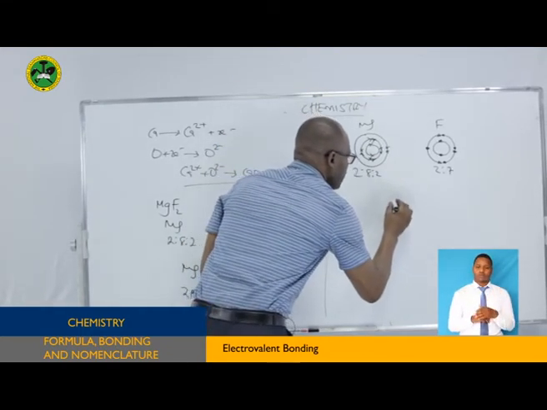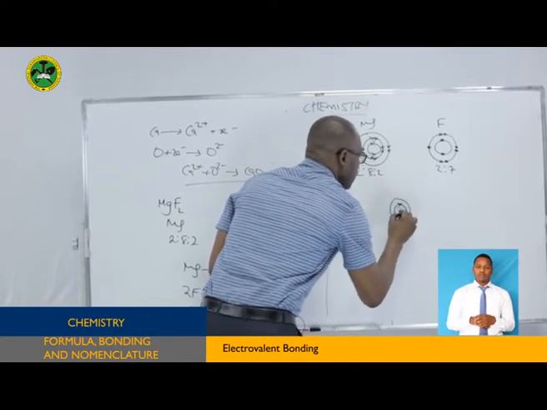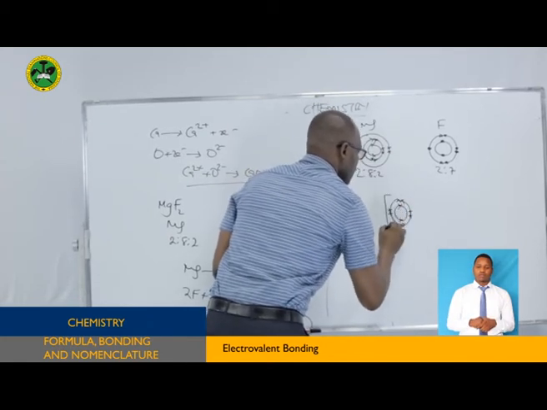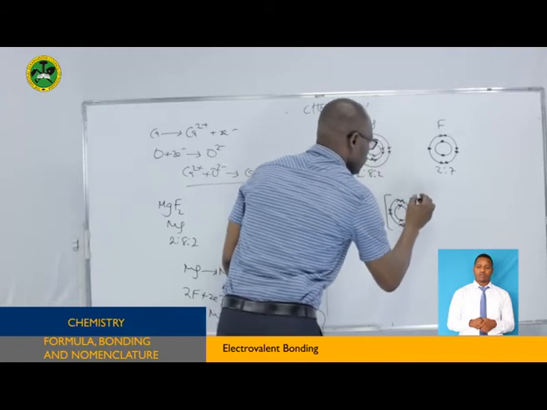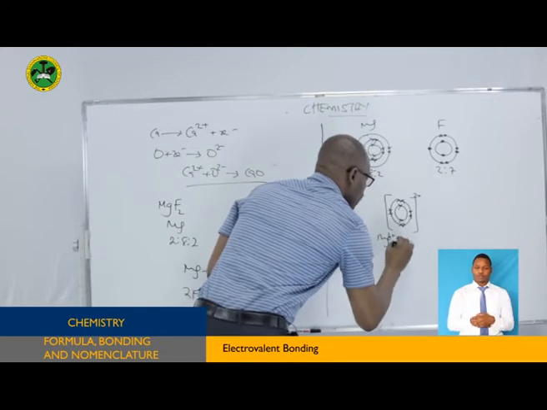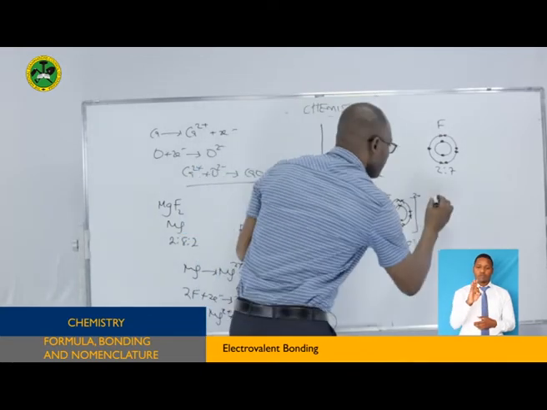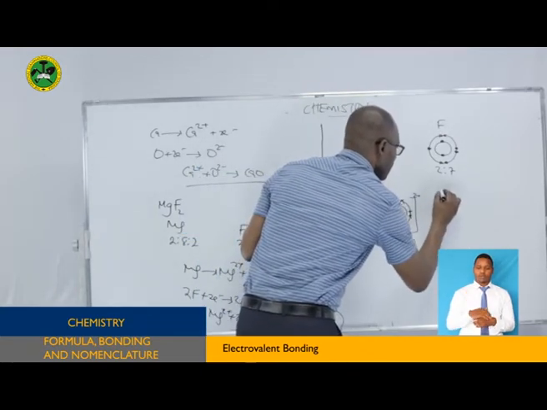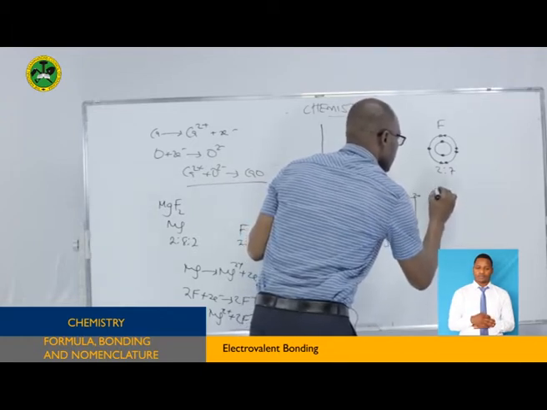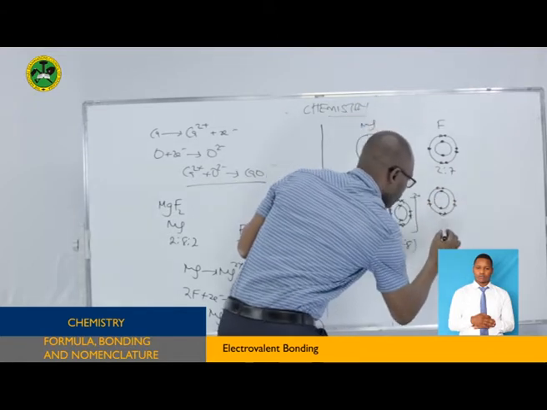So we'll have, now this one is 2 positive. Now it is 2, 8, which is Mg2+. Then we'll have 2 of the fluoride ions. So we'll have this one and this one.